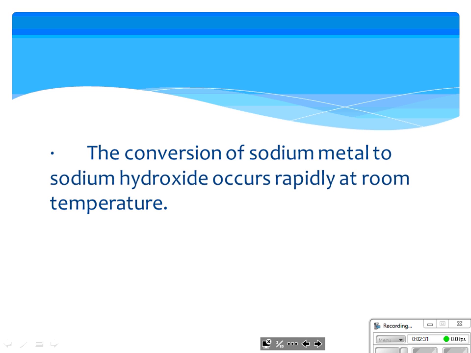When he cut that sodium, we could see that it was a very shiny silver color that immediately turned to a dull gray color because it was reacting with the oxygen in the air. It reacted very rapidly. It happened ASAP. As soon as he cut it, the reaction was occurring.